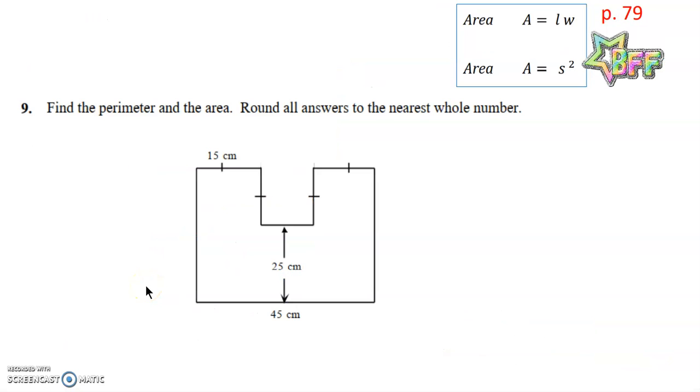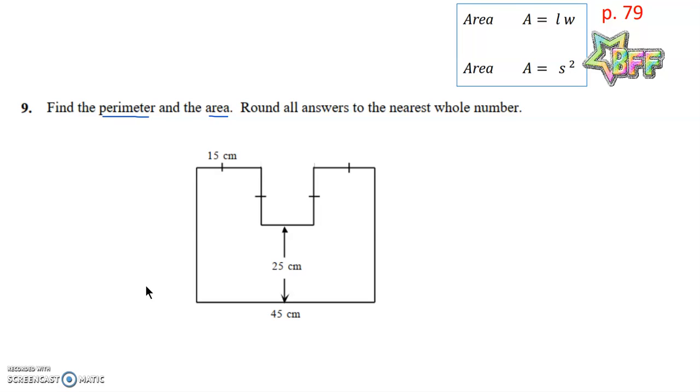For number 9, you may want to try this on your own, pause the video, and then check it to see if you've got the right solution, because here we need to find both the perimeter and the area of this figure, and we're going to round our answers to a whole number. So what we have here is a figure that needs to be divided up in order for us to solve.